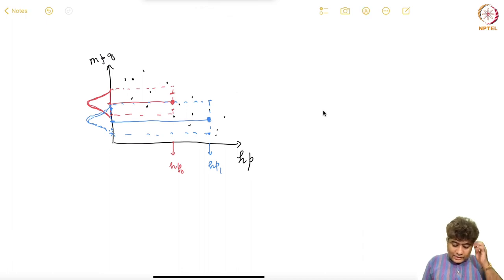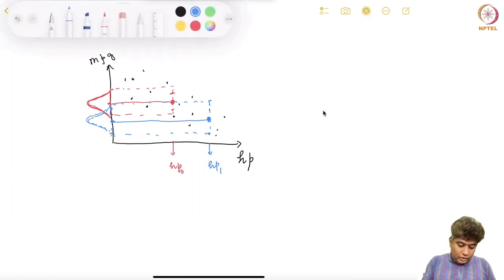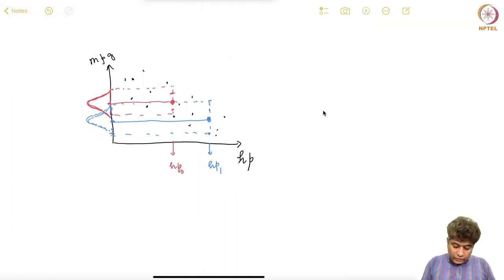So now essentially for different possible horsepower values, maybe this is HP2, we will get an expected value here with some range of values probably in this range.